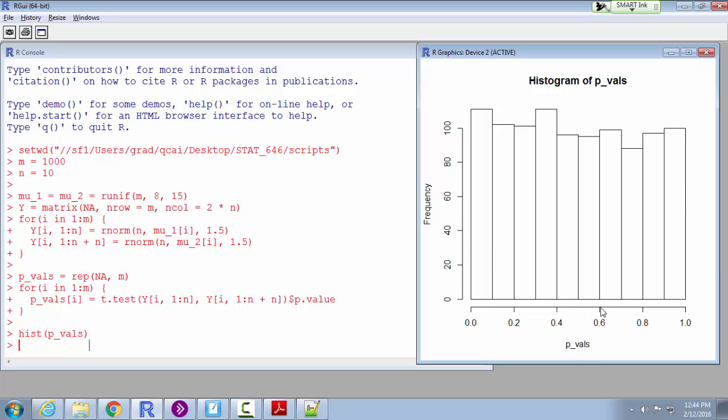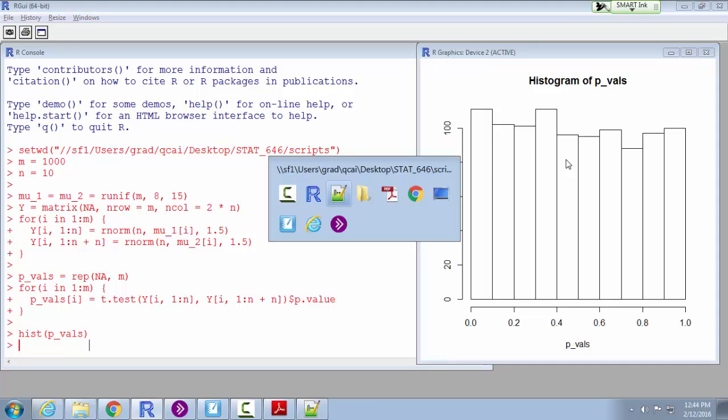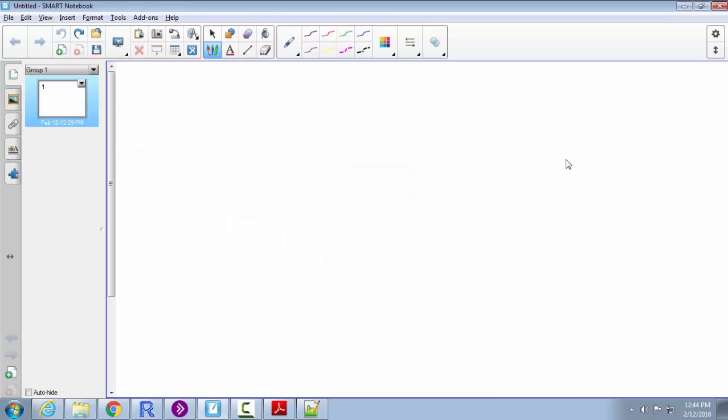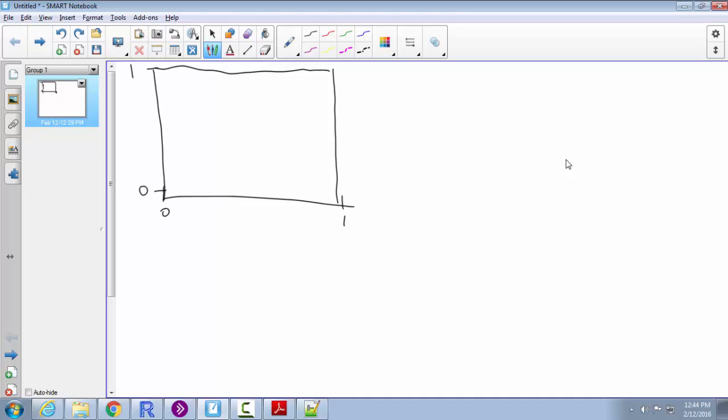If the p-value distribution is uniform between 0 and 1, then this is the distribution of p-values.